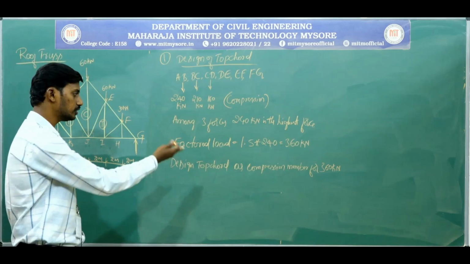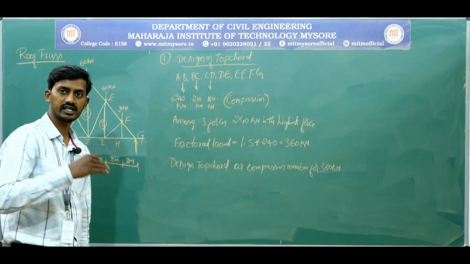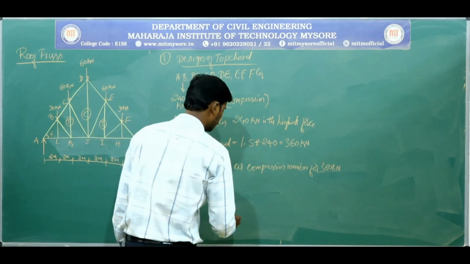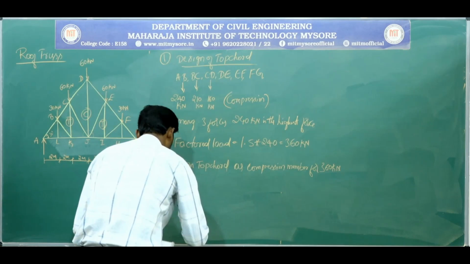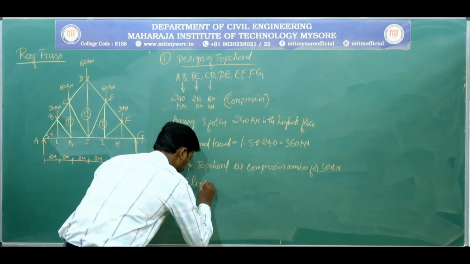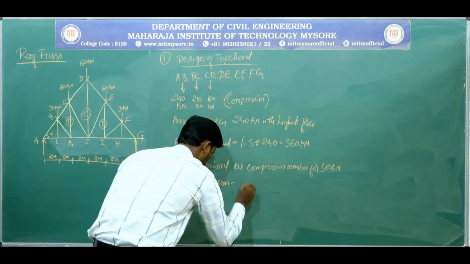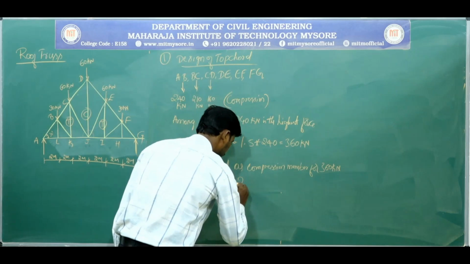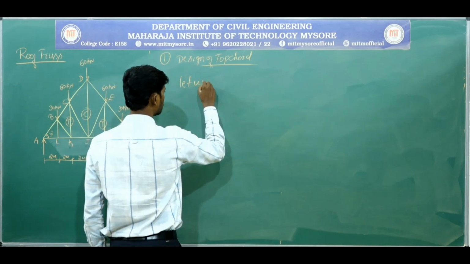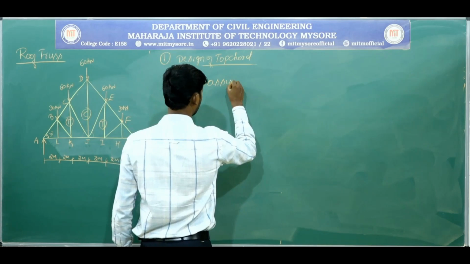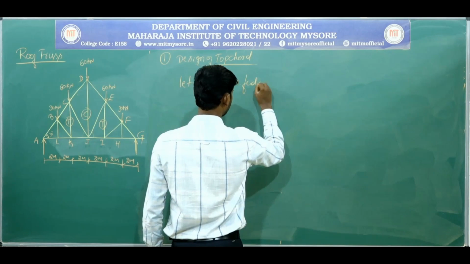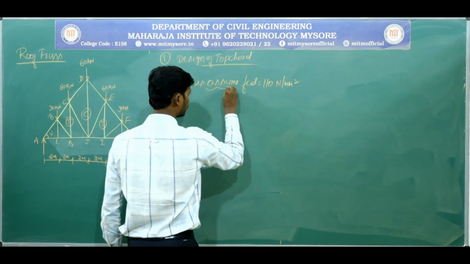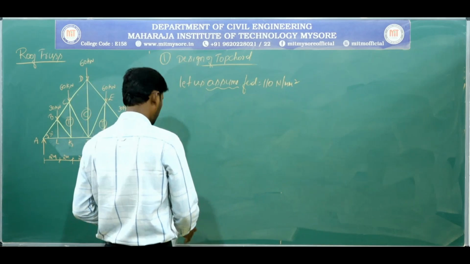So what is the procedure to design as compression member? You have studied in the previous semester, that is in the model compression member design. Okay. So now what is the clear span given? Span given is 2.3 meter. Let us assume fcd is equal to 110 Newton per mm square.